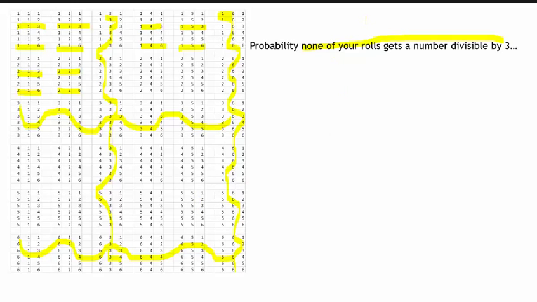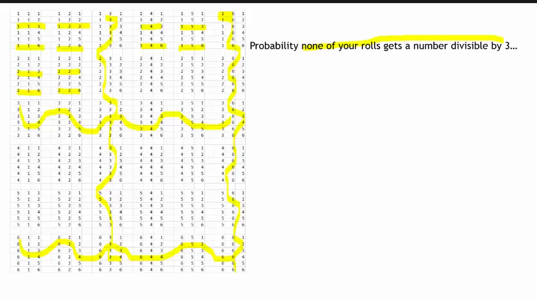Another way to think of it would be to count it. If the numbers can't be divisible by 3, then what numbers would you have left? Well, the number 1, the number 2, the number 4, the number 5. So you have 4 numbers that are not divisible by 3, and you're going to roll the die 3 times.